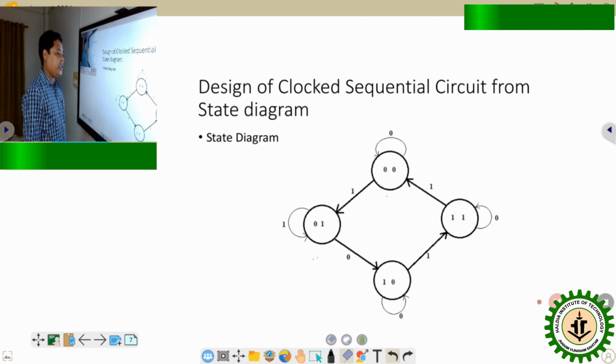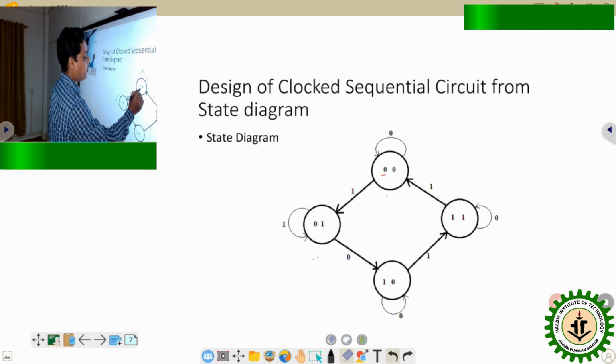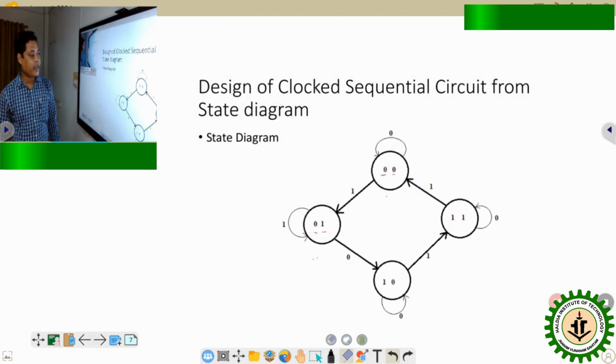As in this diagram the state is presented by 2 digits, to design this circuit we require 2 flip-flops. In this particular problem, no specific flip-flop is asked for, so for designing this circuit I will be discussing with the help of JK flip-flop.